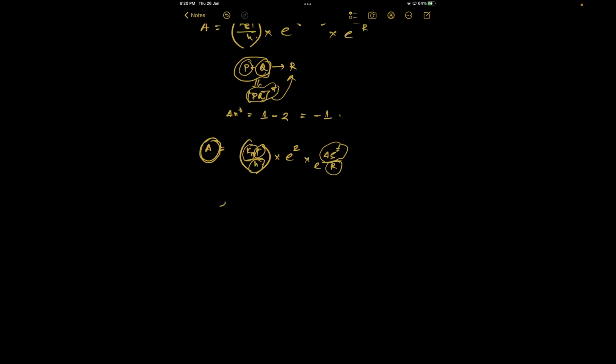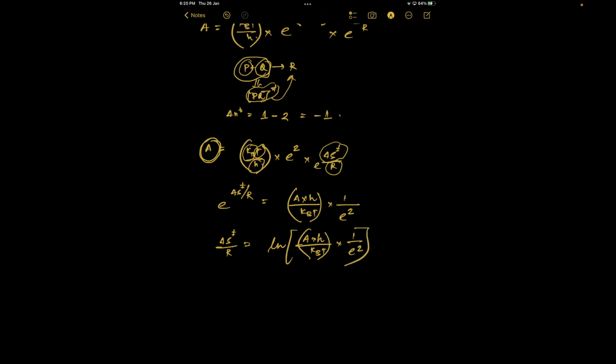So basically exponential of delta S double dagger divided by R will be equal to A times h divided by kBT, divided by 1 upon e square, right? So basically delta S double dagger by R will be equal to ln of A times h divided by kBT times 1 upon e square.